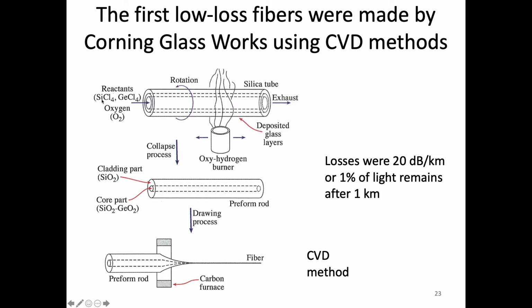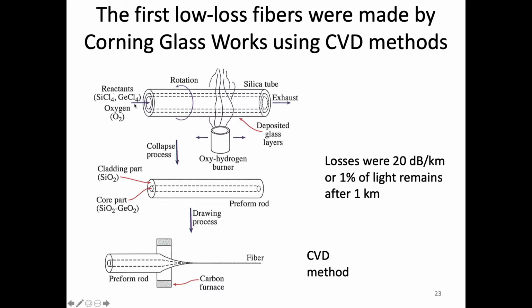So this could be either silica based or germanium, and these are their chlorides, along with oxygen. So those are added in as reactants to the inside of the tube and then heated up. And what they do when they're heated up is those decompose and form oxides, and that leaves a soot on the inside of the tube. And that gives us a deposited glass layer.